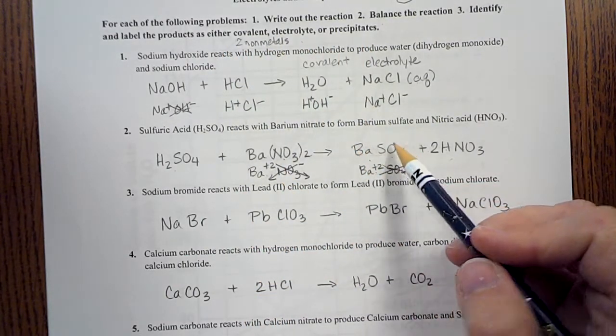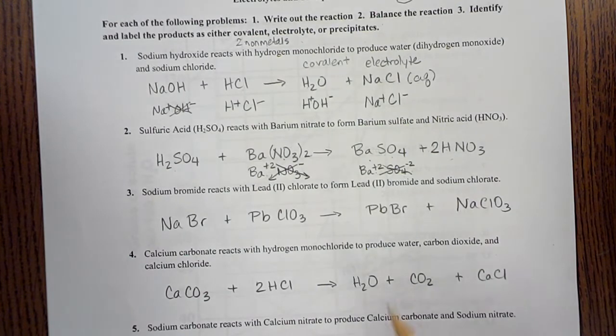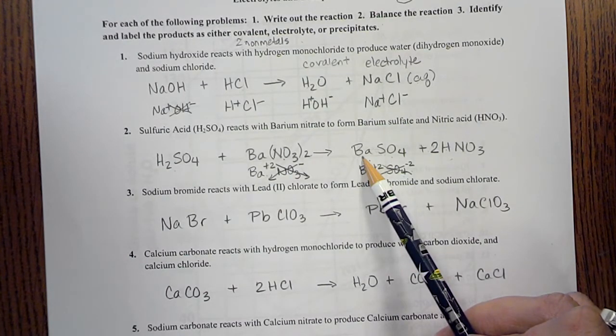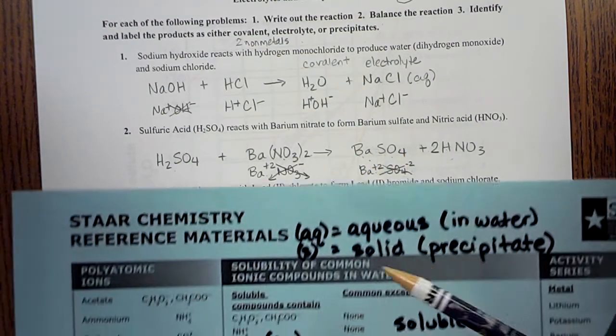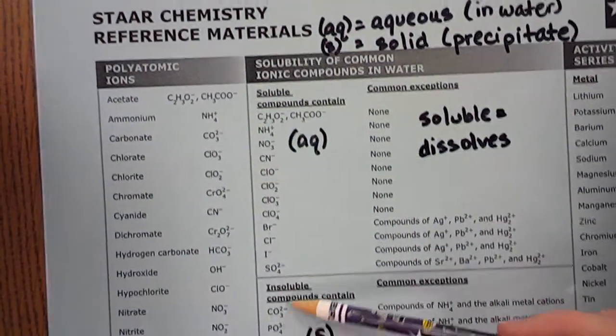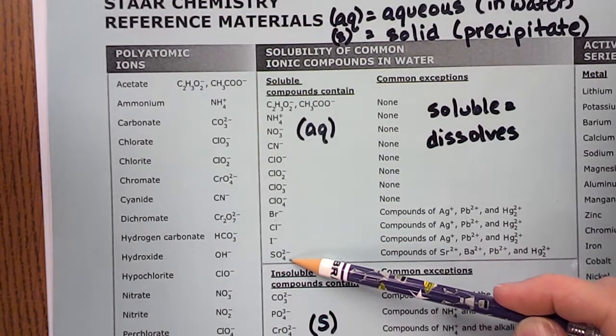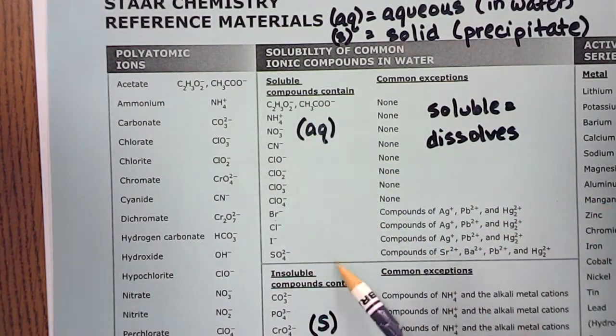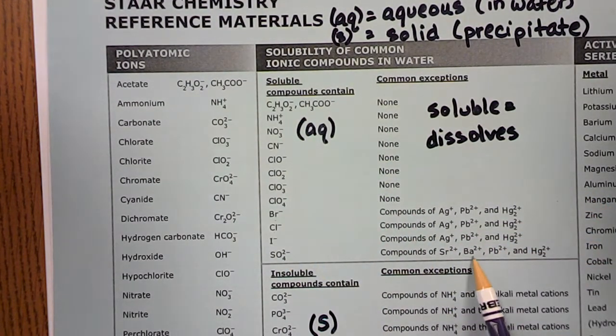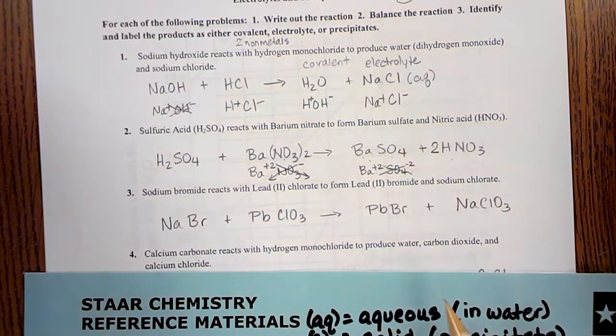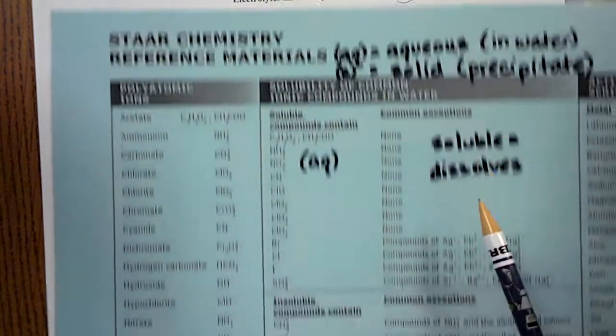So we've done that. Now we want to identify the products if they're covalent, electrolyte, or precipitate. Here's a product. All right. It's clearly got a metal in it. Barium's on the left side of the periodic table, so it's not a covalent. So let's look. Sulfates are here. Most sulfates are soluble, except, look, barium. Barium is with our sulfate, so it's an exception.